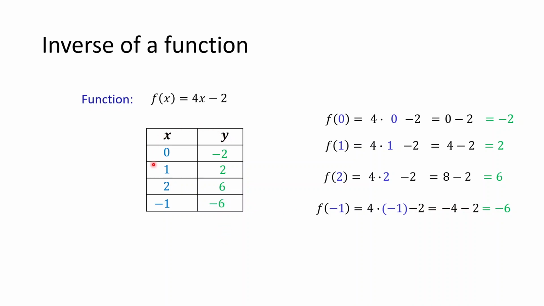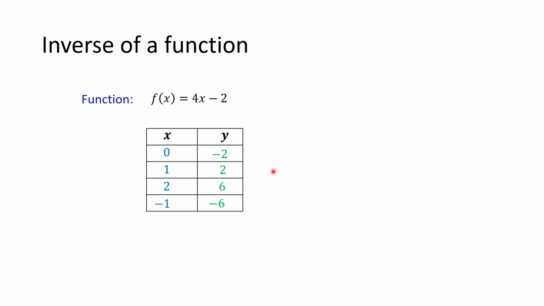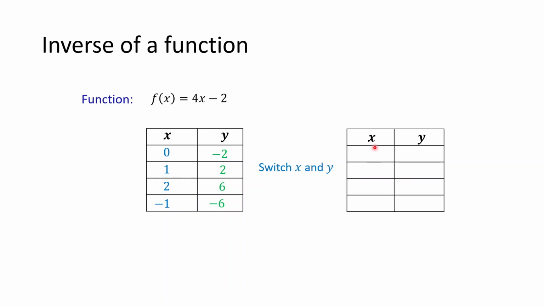So this table represents this function. Now what I am going to do is switch x and y. I am making a table and switching x and y. So this y goes here and x here. So this 2 here, and this 6 and 2.